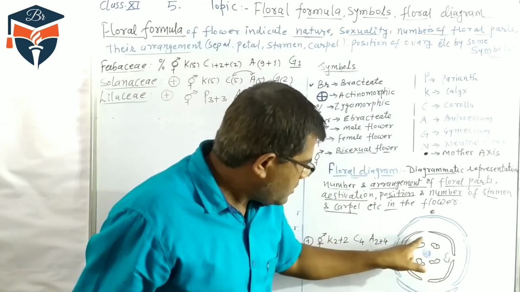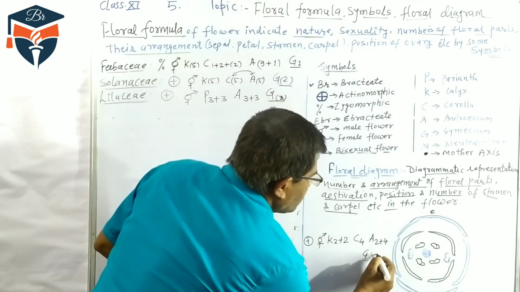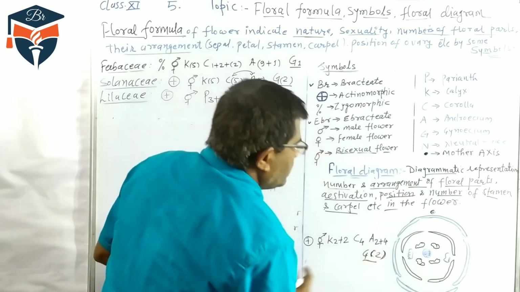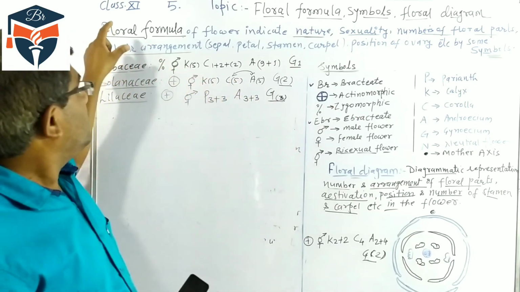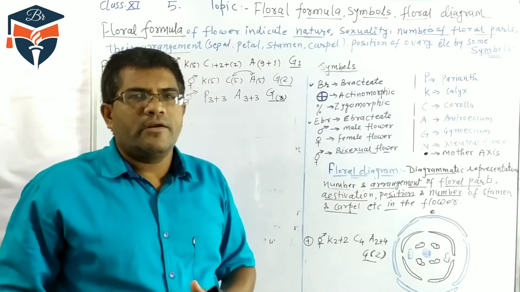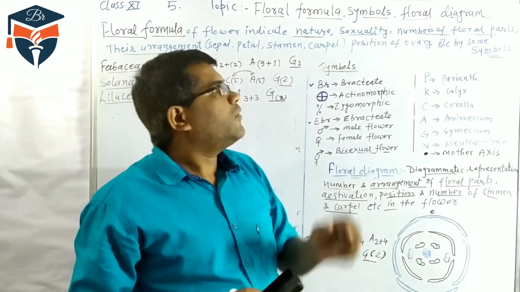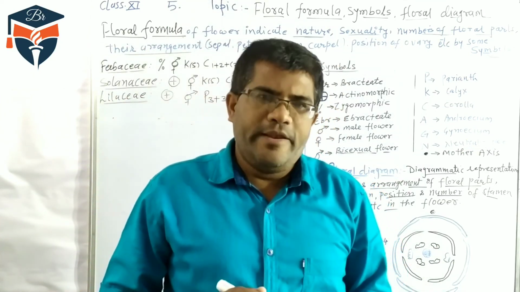And this gynoecium is bicarpellary, syncarpous because they are inside the bracket, and ovary superior. So this is the definition of floral formula, and this is the floral diagram. So it is all about the floral formula, symbols and floral diagram prescribed for class 11. Thank you.